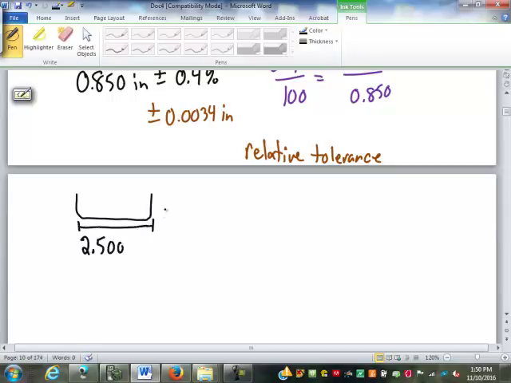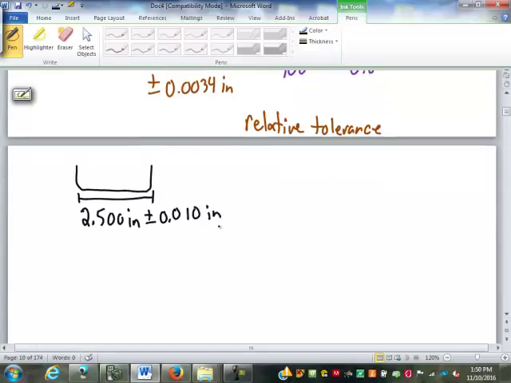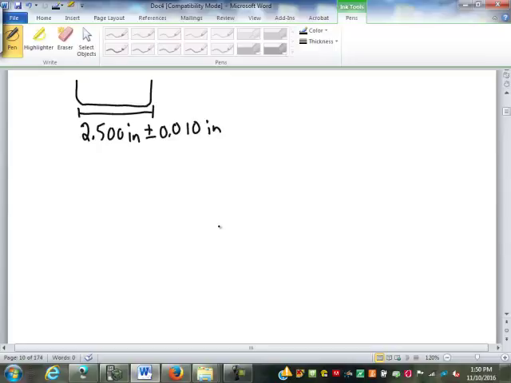That's the object that I'm dimensioning. This right now is an absolute tolerance, given as an absolute allowance. I want you in your notes to convert that to a relative allowance for me.